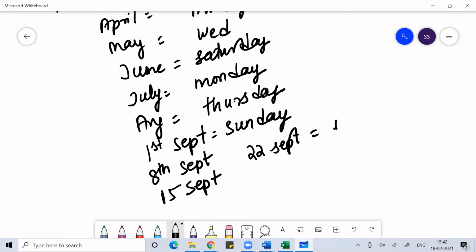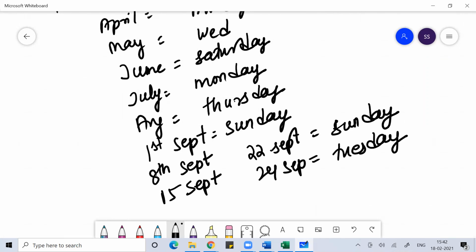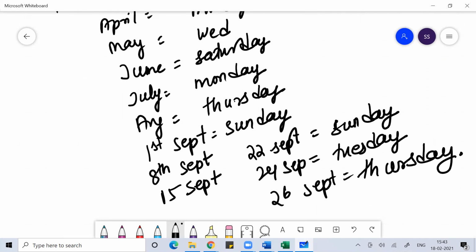So 24 September will be Tuesday. And 26 September will be Thursday. So I hope you are getting the logic, everyone. Anyone have any doubt?